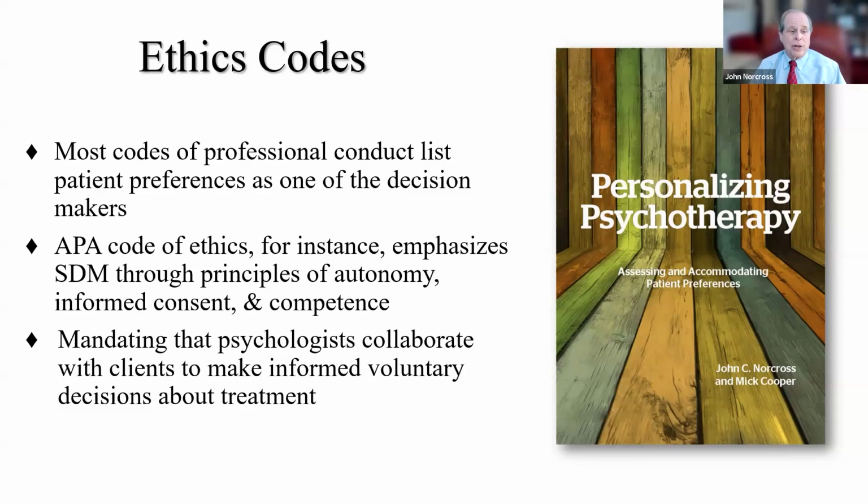That includes patient autonomy, informed consent, and clinician competence. In fact, a close reading of the APA ethics mandates that psychologists collaborate with their clients to make informed voluntary decisions about treatment, not only at the onset, but as patients acquire competence and experience in therapy, and then over time.